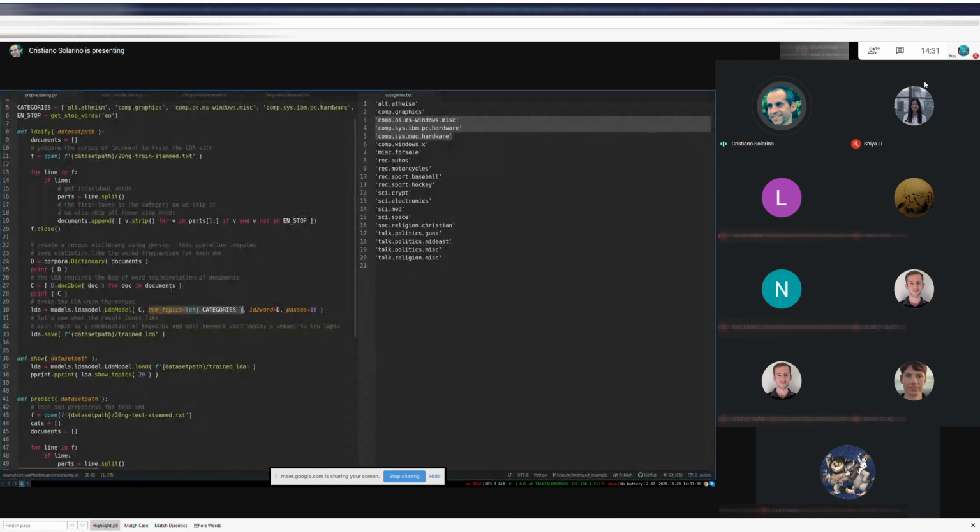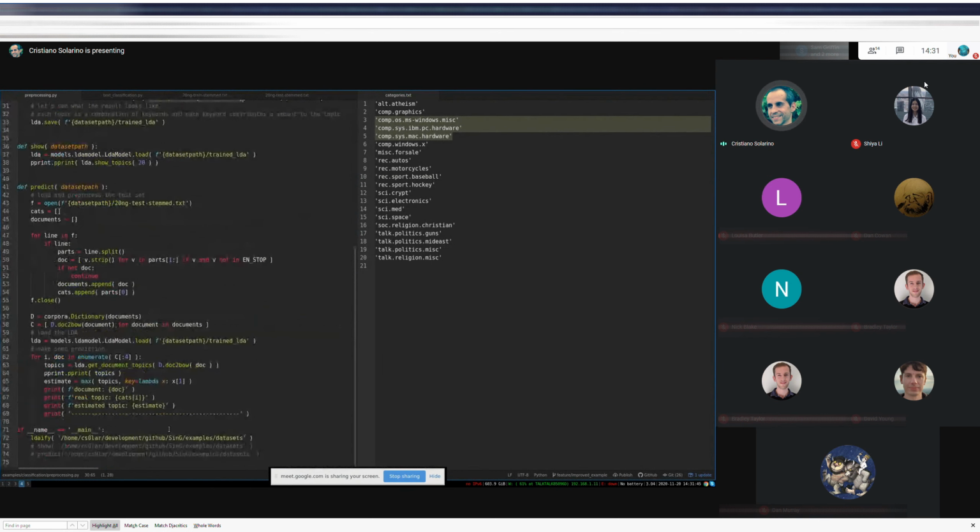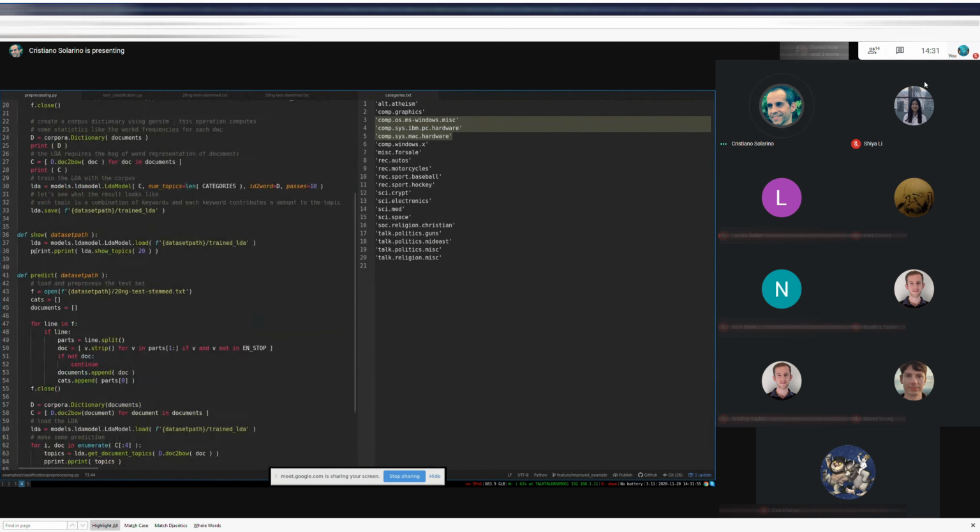So now, just pretend this thing ran for a minute and we created this model. The second thing I want to do is show you what was done. The show method just loads the model that we saved and shows the topics.